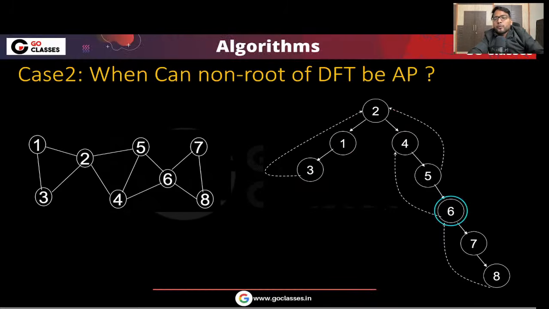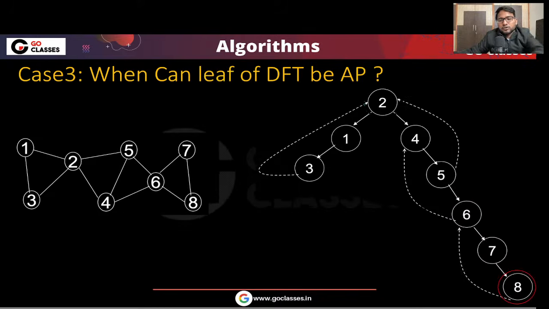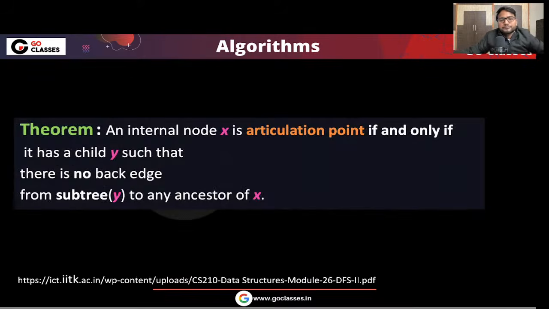So I will summarize everything. Don't worry. I hope you are trying to understand here. When can the known root be the articulation point? Whenever there is at least one subtree which I can find such that it is not connected to the ancestor, right? Okay. So you can say something like this.